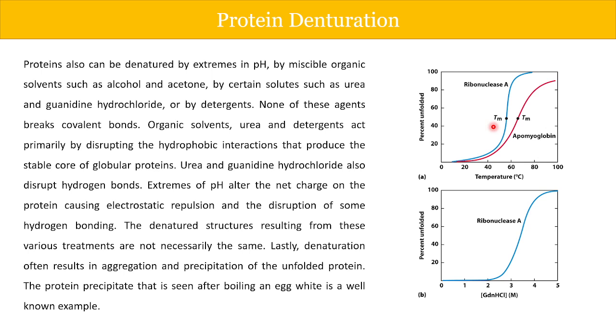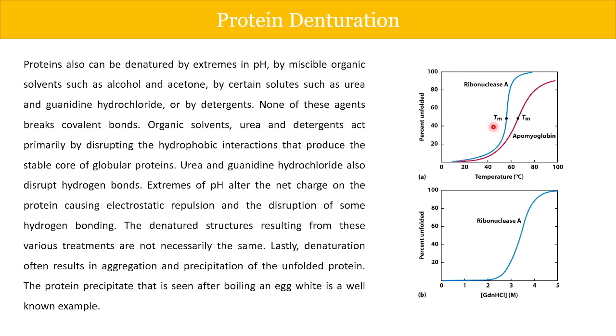Now, there are certain chaotropic agents, extremes of pH, miscible organic solvents like alcohol, acetone, and certain solutes such as urea, guanidine hydrochloride, and detergents. These all can affect the folding of a protein, and the protein basically reacts to these changes and denatures.